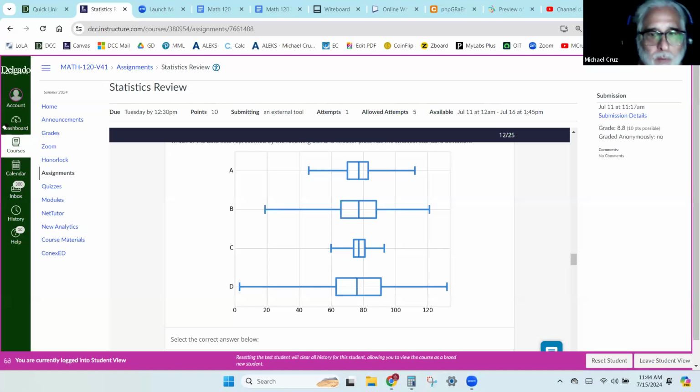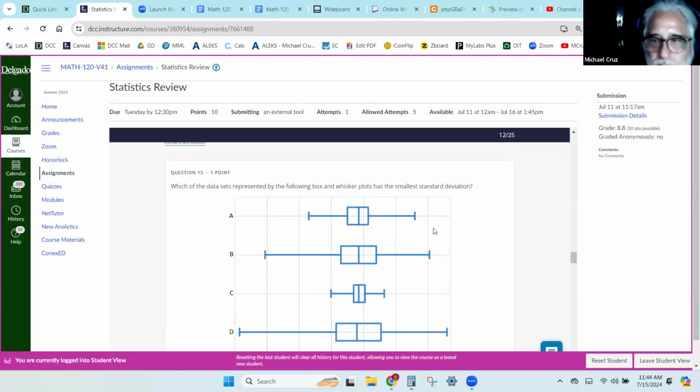It asks about the one with the smallest standard deviation, so naturally it's the one that's the most compact, this one. A would be a little bit bigger, then B a little bit bigger, and D would have the greatest standard deviation.